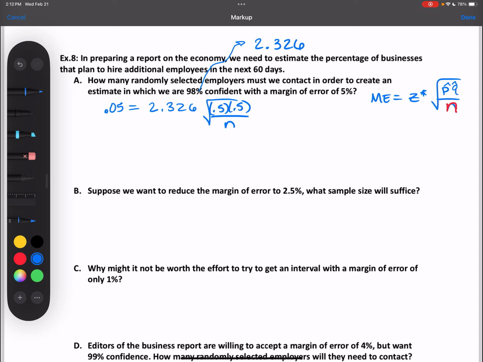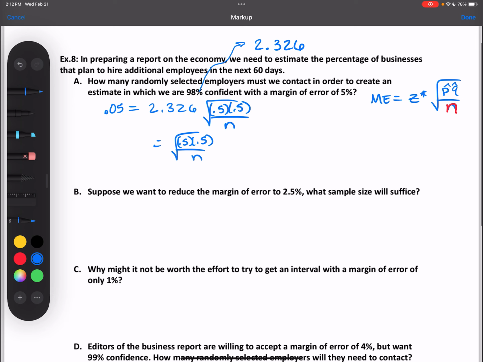Someone's going to have to do that for me. Now use that number and square it, because we need to undo the square root on this side, so we need to square both sides. Tell me what you get when you square it.